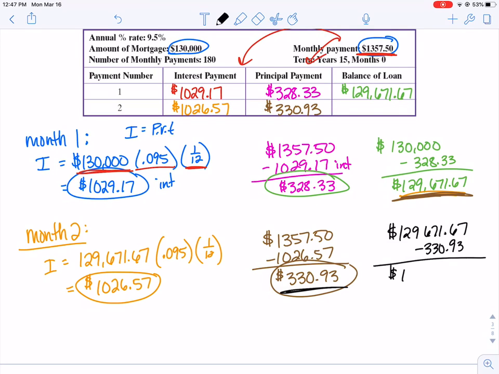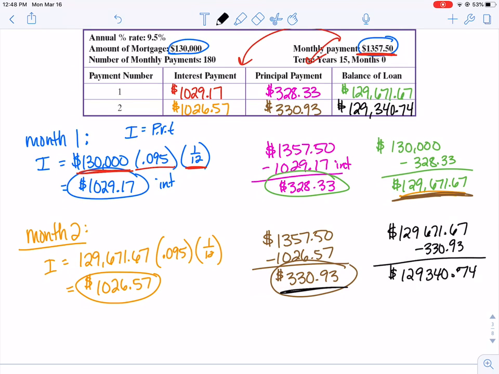So now how much do I owe at the end of month 2? I got $129,340.74. So at the end of month 2, I only owe $129,340.74. A little bit at a time is being paid off, and that happens every single month for 15 years.